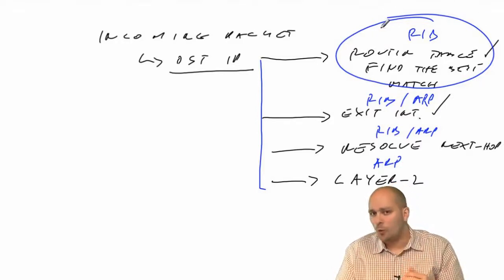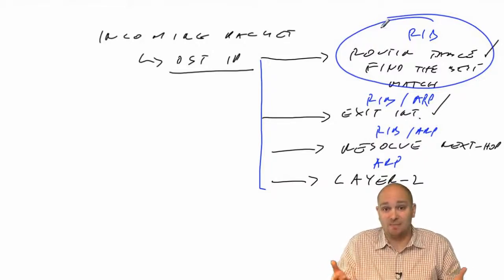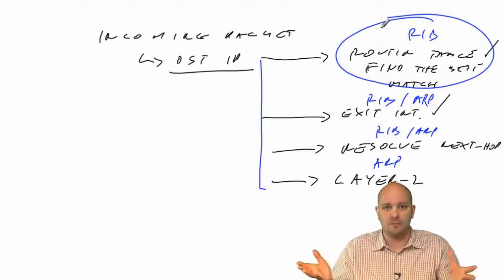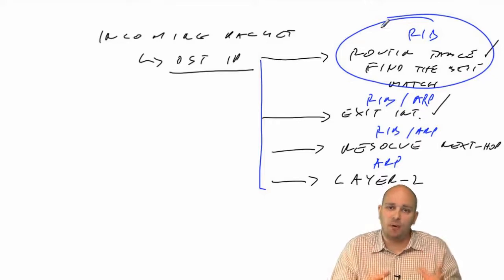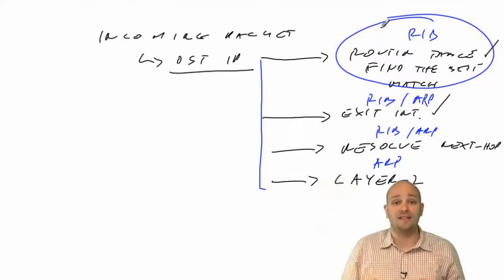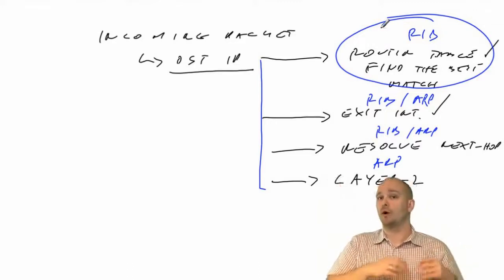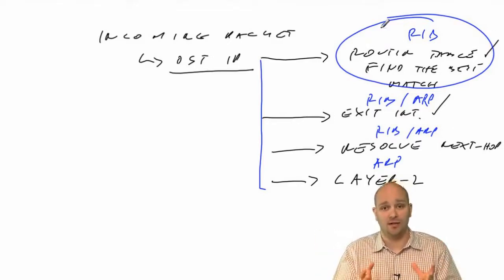So this is why we are opting to use this third term, even though technically speaking, all these are really synonyms to each other if we take the strict meaning of them, but forwarding the packet actually implies that we might be using information from all these different databases, that we might actually be using information from our routing table and from our ARP table and from any other database.